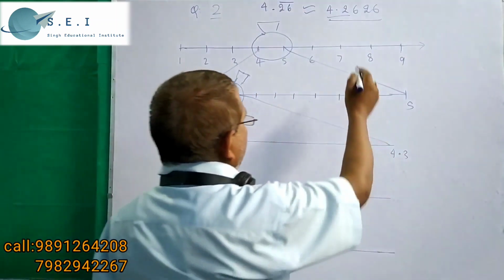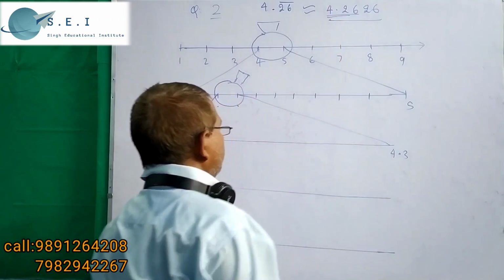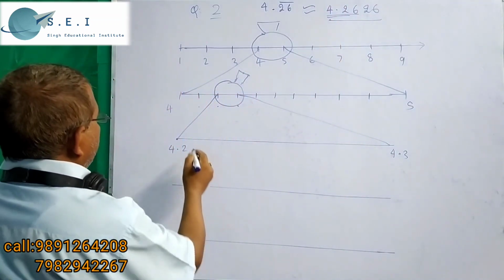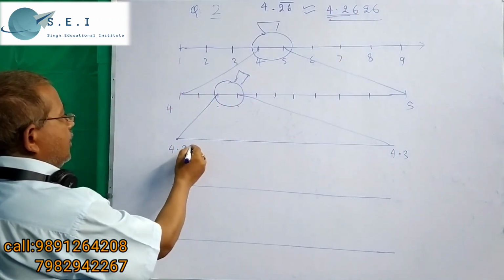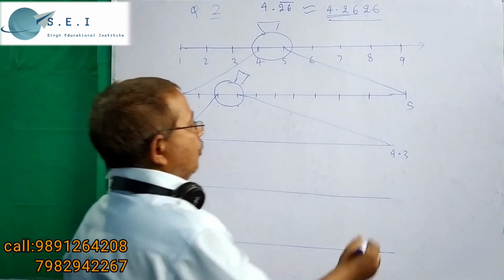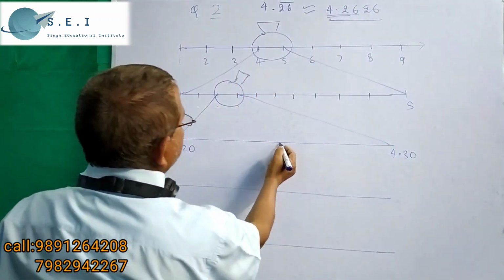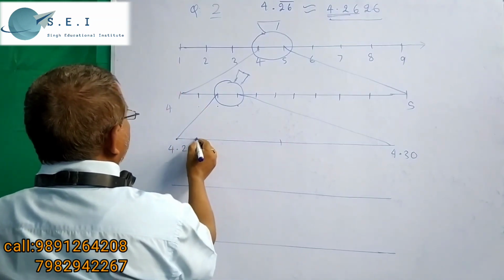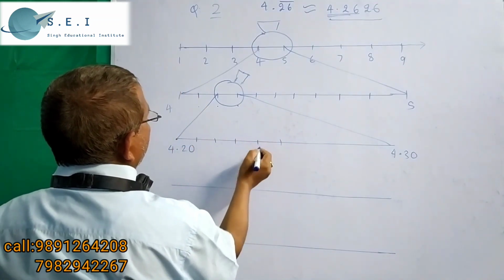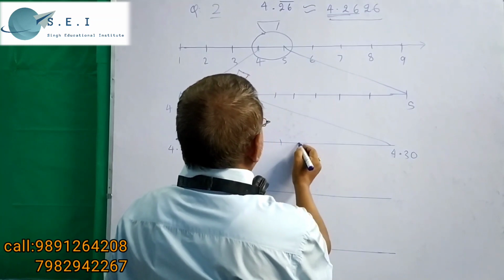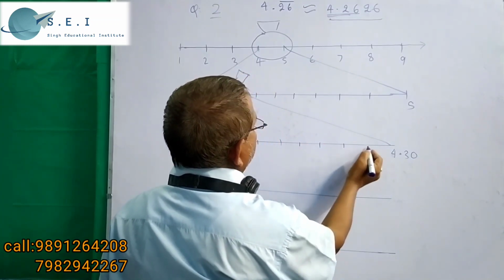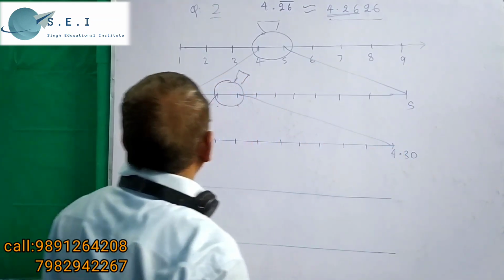Now take another digit, 4.26. Here 4.2 can be written as 4.20 and 4.3 as 4.30. Divide this interval into 10 equal parts: 1, 2, 3, 4, 5, 6, 7, 8, 9, 10.